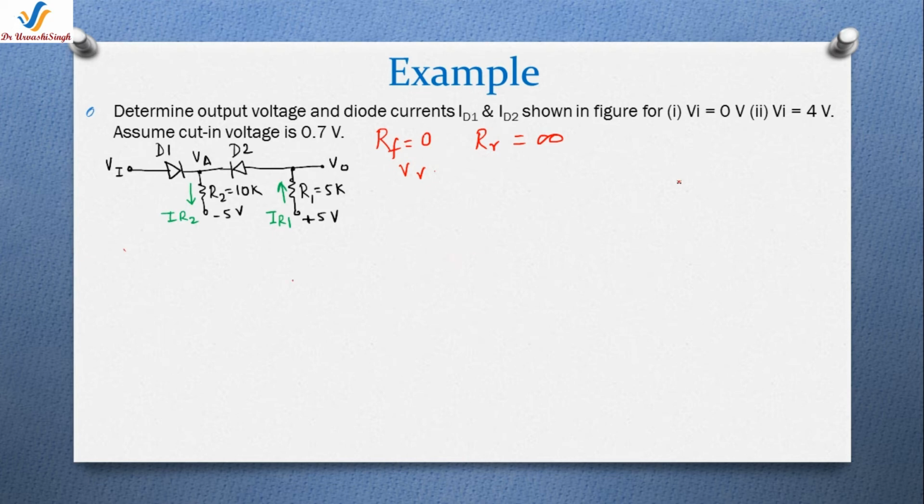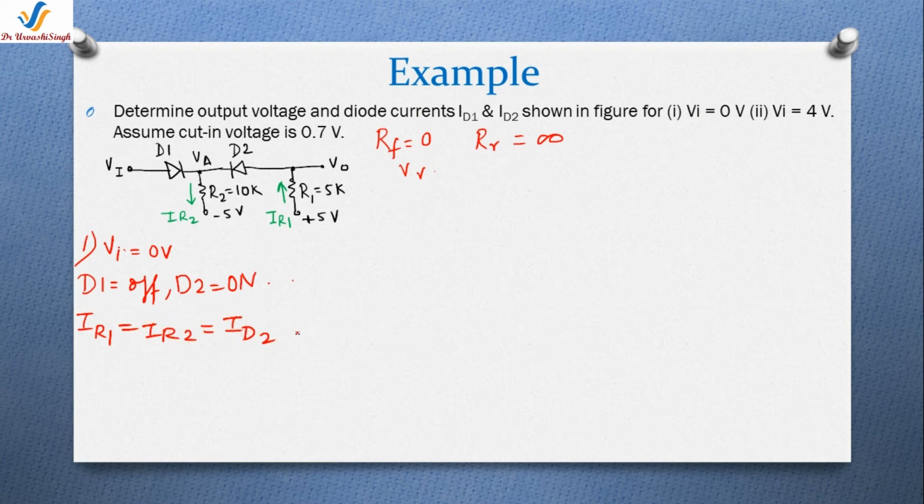Now let's solve the problem for the first case, that is, V input equals 0 volt. So assuming that D1 is off and D2 is on, if this is the condition, then IR1 equals IR2, and this equals ID2.